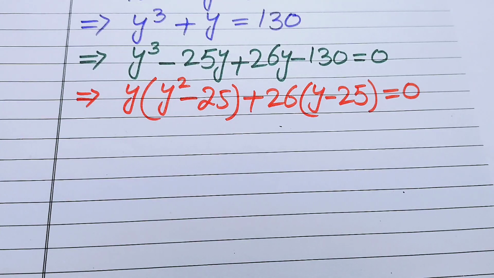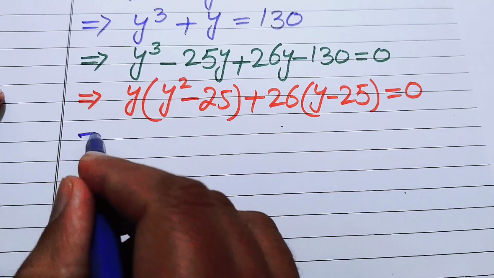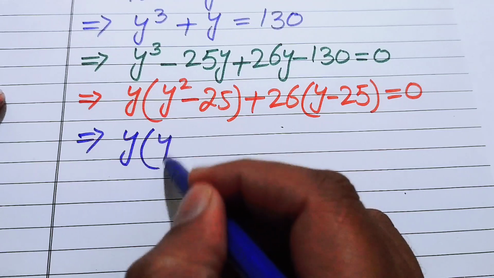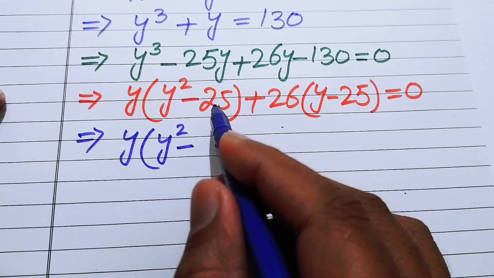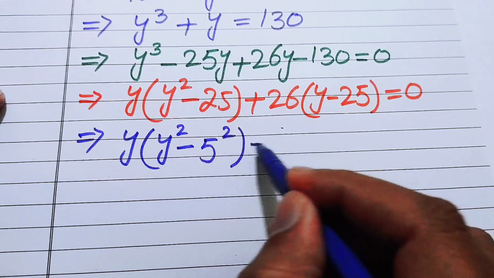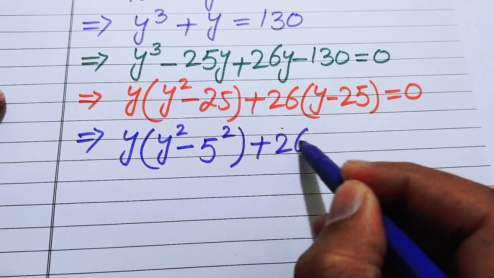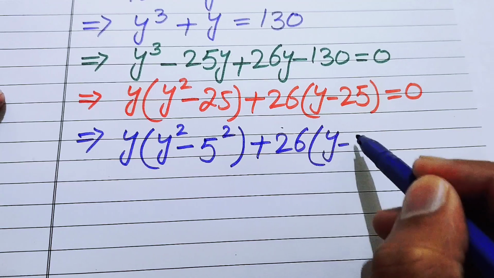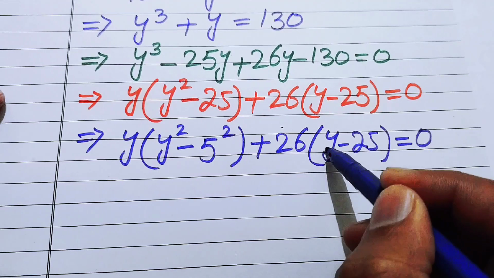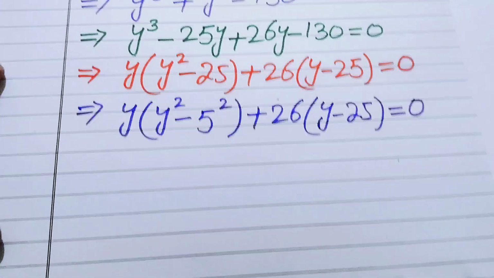In the next step we will make a little bit of simplification and rewrite this expression as y times y squared minus 25, and we write it as 5 squared, plus 26 times y minus 25, and this whole equation equals 0.